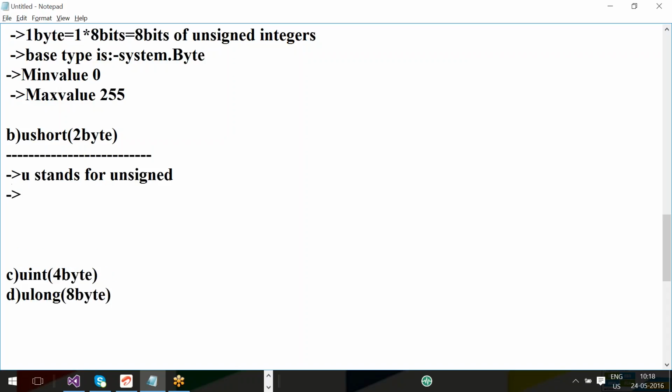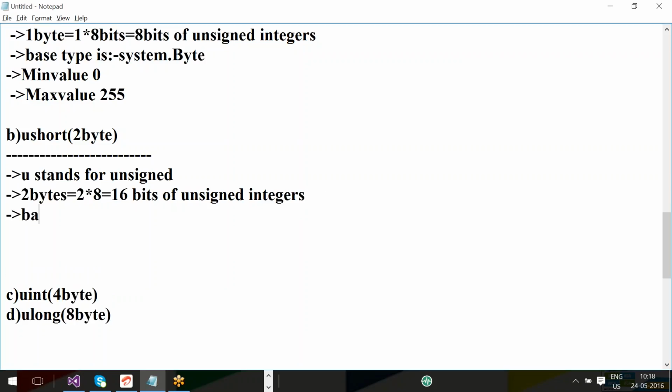Predefined size is 2 bytes. 2 into 8 equal to 16 bits of unsigned integers. Next, base type for what?